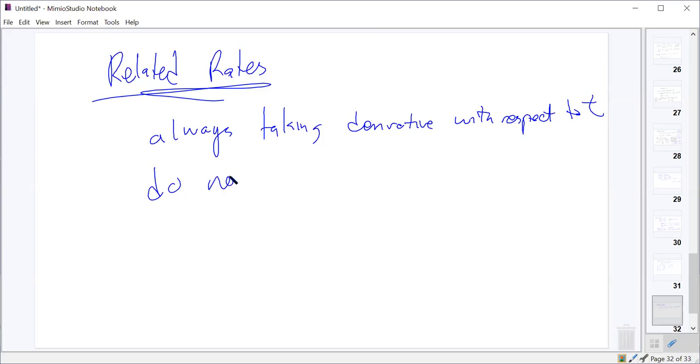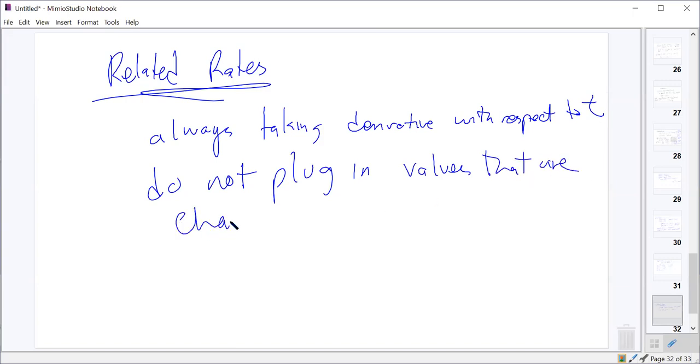And remember that you do not plug in values that are changing until after your derivative. Don't even label things that are changing on your picture as a number. Label it as a variable and then deal with it.